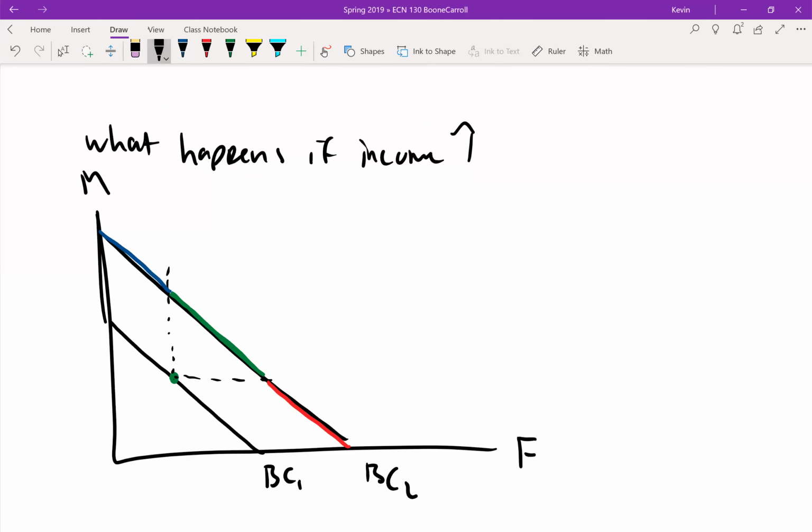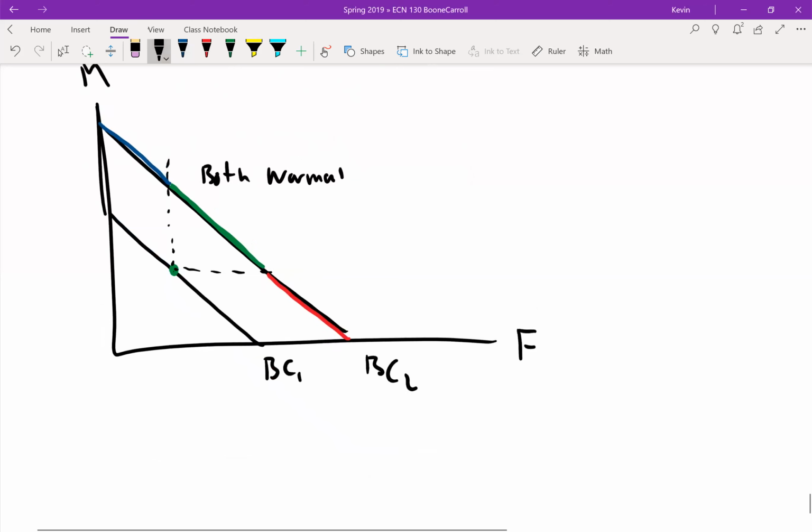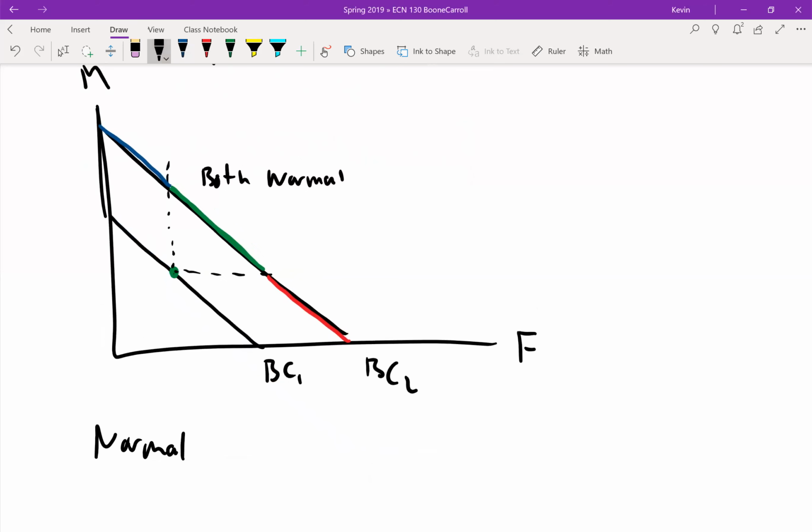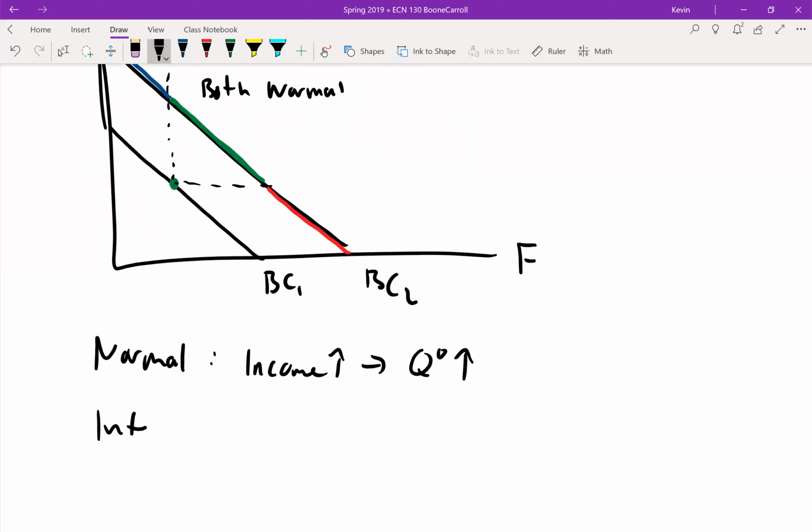So if both goods are normal, we'll end up here in this green range. A normal good is where an increase in income will lead to an increase in our quantity demanded. The other type of good is an inferior good, where as our income increases, we'll see our QD fall.